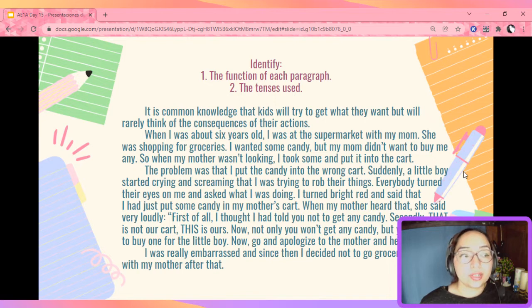I have an introduction, then I have background events, then my third paragraph is my main events, the whole story, and of course then I have a conclusion. And we might see many tenses. We have past continuous, we have simple past, we have even present perfect, right? So let's go ahead and continue.